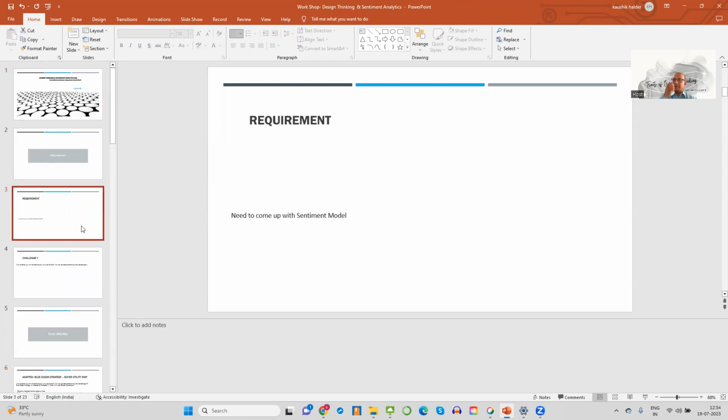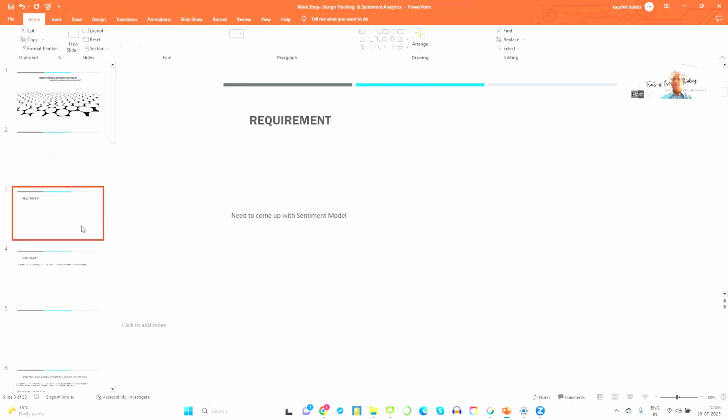The requirement which was given to me long back was the need of the customer to come up with a sentiment model. So what is a sentiment model? A sentiment model is an algorithm, an AI algorithm rather, which captures the emotion of end users.